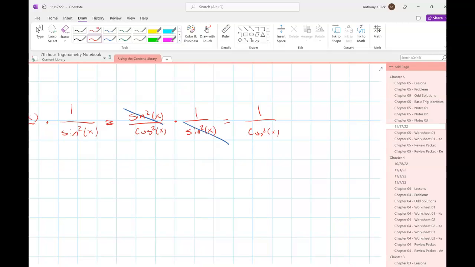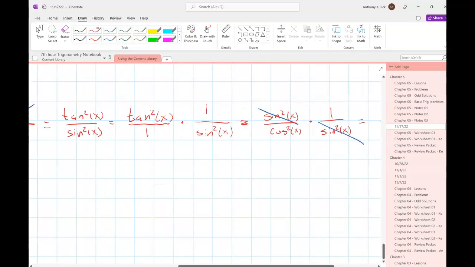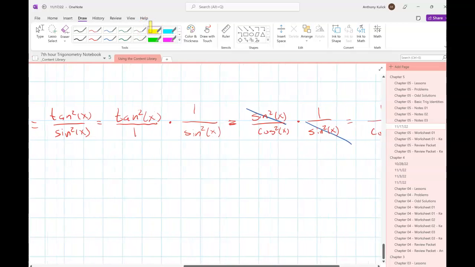Woof, Mr. Kulak, that was so hard. Oh, yeah. So can you just explain, after you fix the identity, how you got all those fractions? So, yeah. We had this, right?